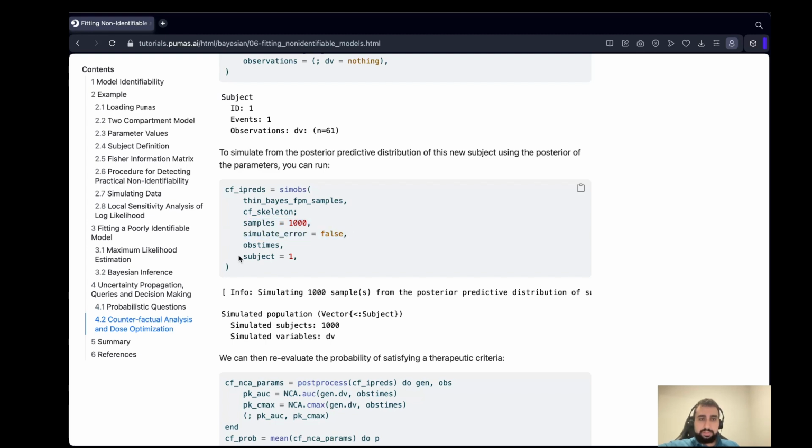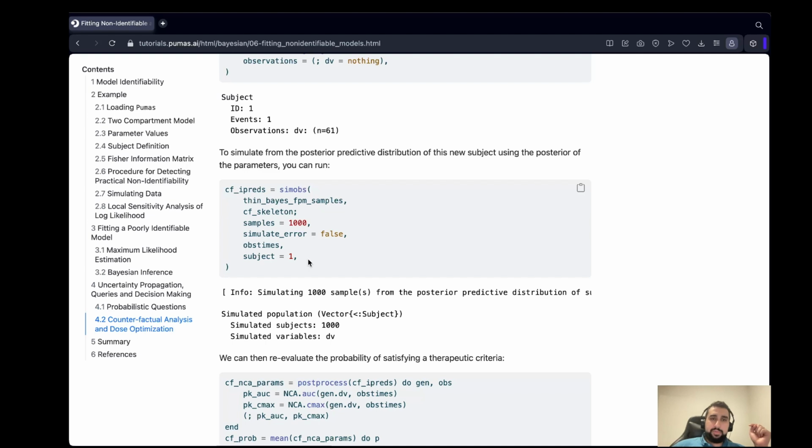And we specify the index of the subject. This is mostly relevant when we have population models, with multiple subjects and random effects. Because when we're simulating, often we're interested in using the posterior samples from the population parameters, but also the posterior samples from the individual parameters, the random effects.